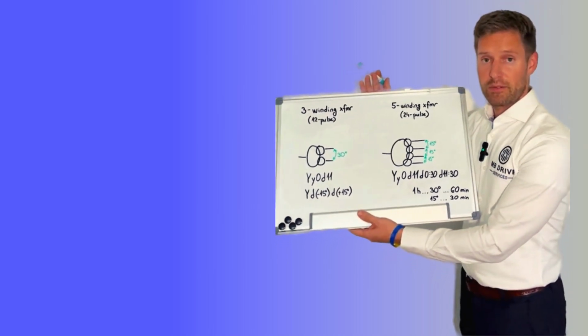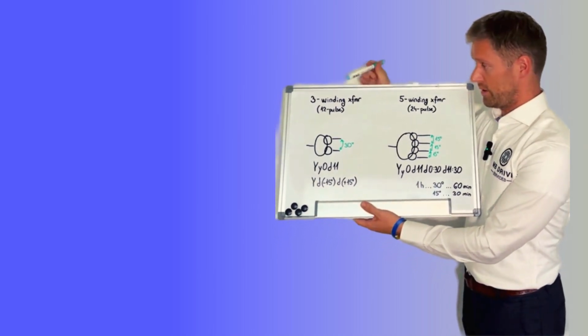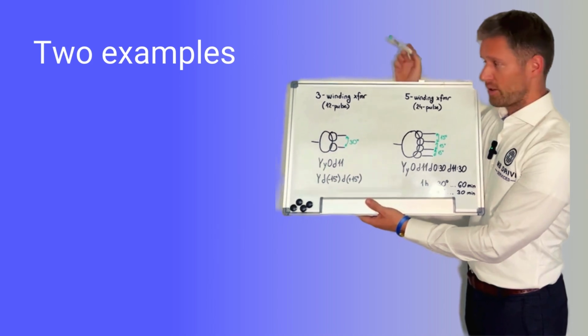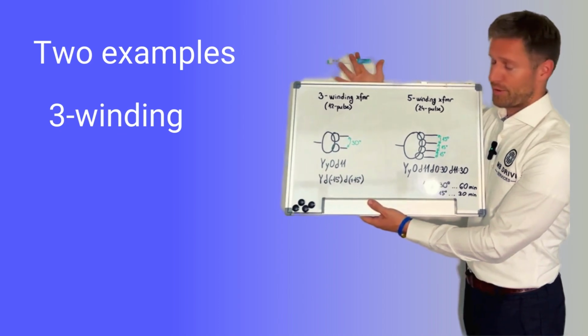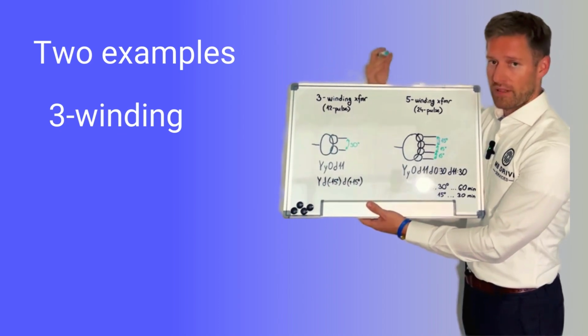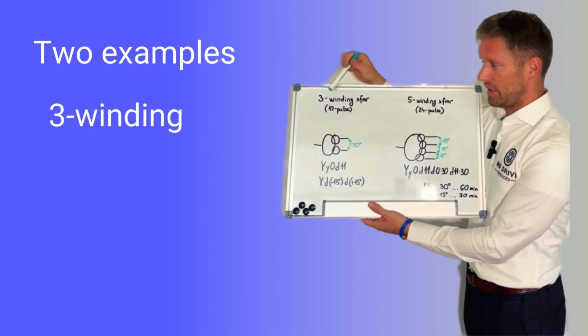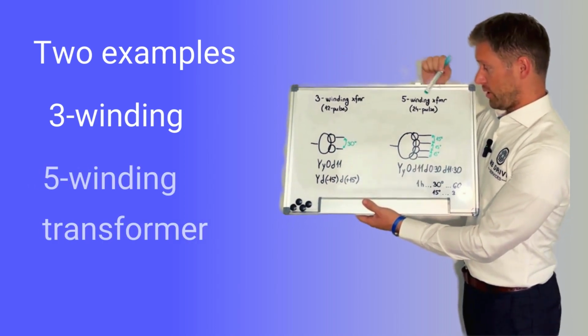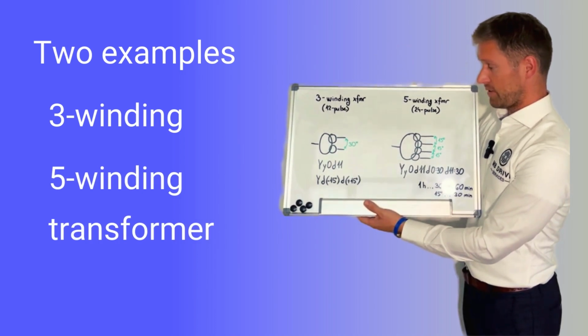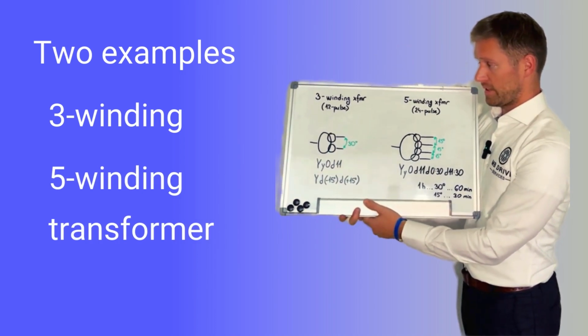Now let's illustrate what we have just learned on two examples. So here we have a 3-winding transformer, or so-called 12 pulse. So the 12 pulse refers to the rectifier, but a 3-winding transformer supplying a 12 pulse rectifier, or a 5-winding transformer supplying a 24 pulse rectifier.